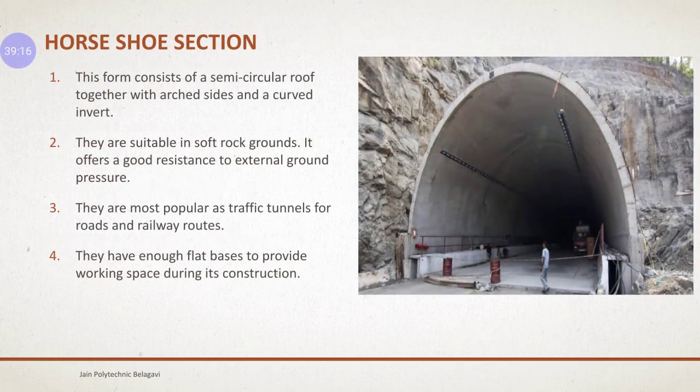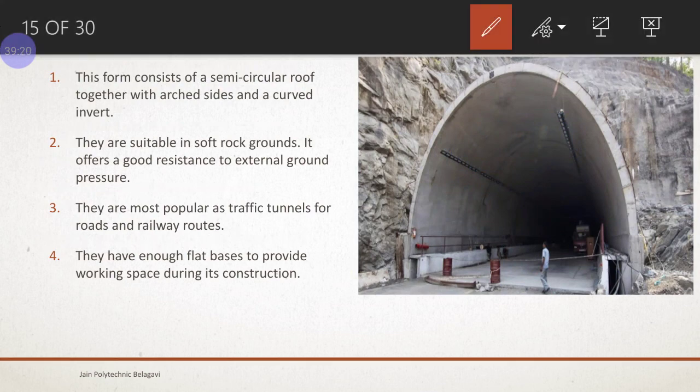Next is the horseshoe type. This form consists of a semicircular roof together with the arch side. In the case of D, the top portion was curved and the side portion was vertical like this.